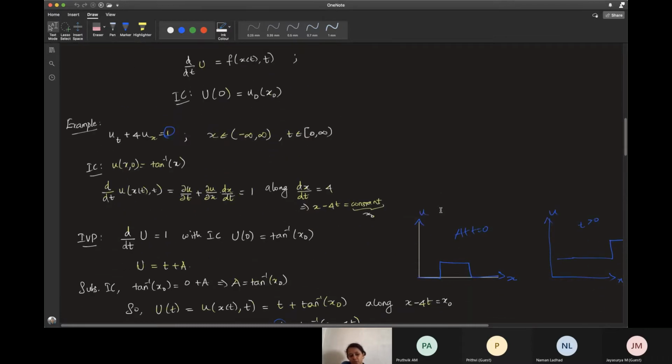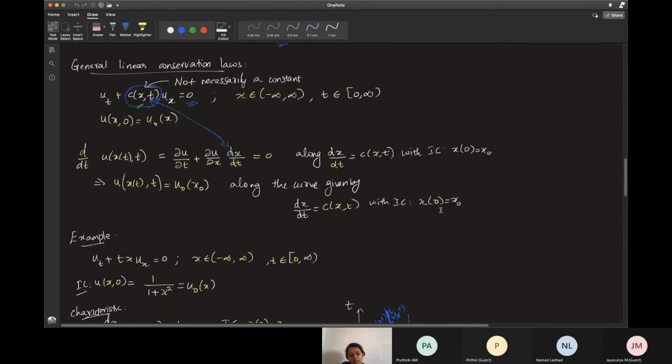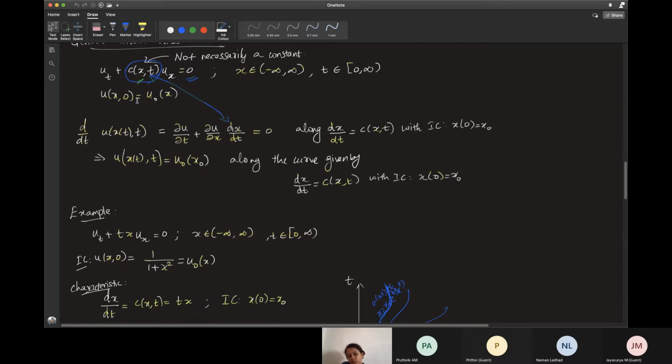So next we went on to studying general linear conservation laws, wherein the coefficients are functions of x and t now, unlike the previous case where coefficients were just constants. Now, when the coefficients of linear PDE are not constant, that is when they are functions of x and t, we saw how the characteristics are not straight lines anymore.